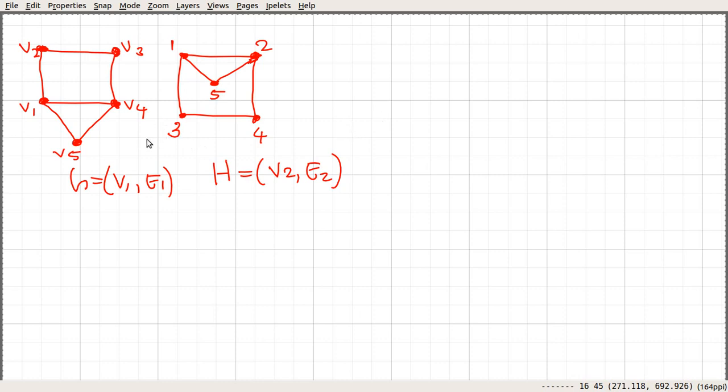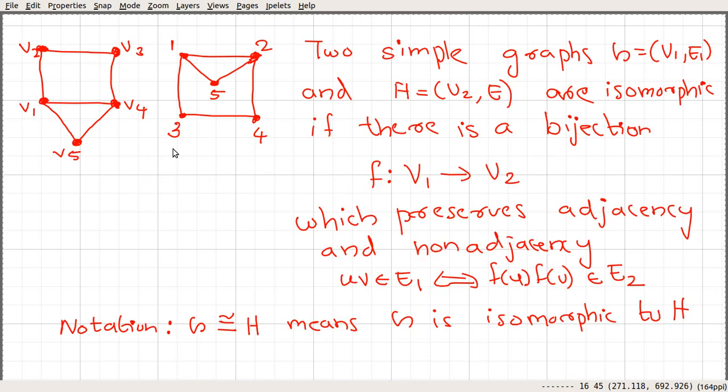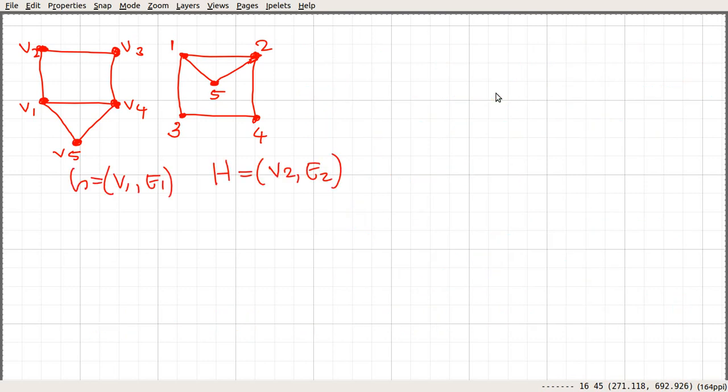What we are going to do is show that these two graphs are isomorphic. If two graphs are isomorphic, you first define a map from the vertex set of G to the vertex set of H. Then if you are able to show that this map is a bijection and it preserves adjacency, then we can say that those two graphs are isomorphic. That's what we are going to do here.